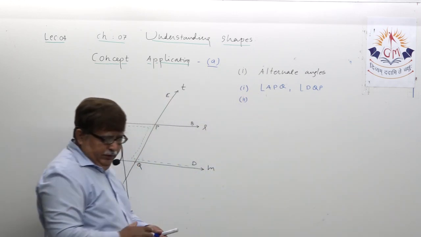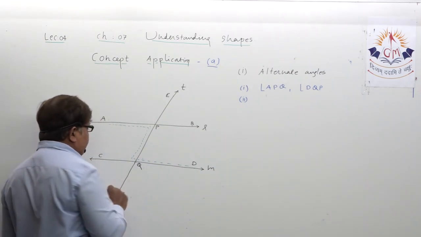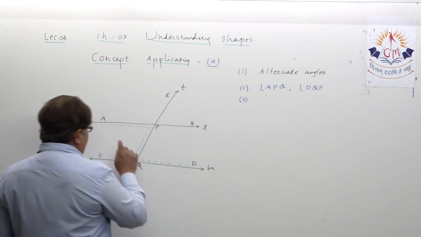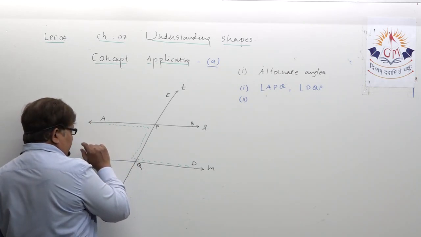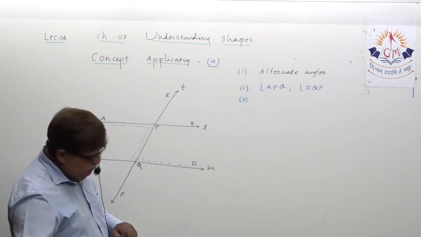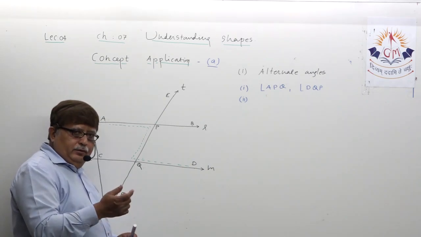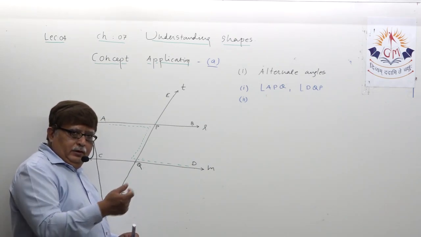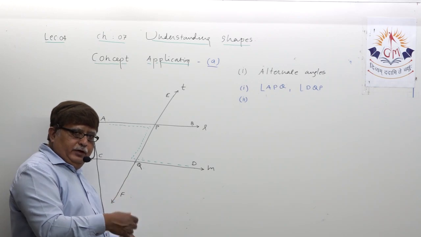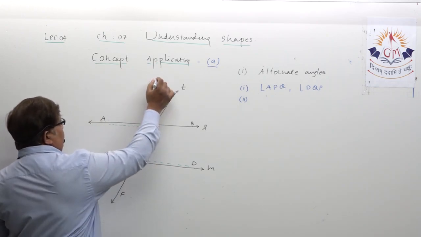We are going to get two pairs of alternate angles. The Z shape you thought of. Now, dear student, start thinking of the inverted Z formation. Inverted Z means you know this way.